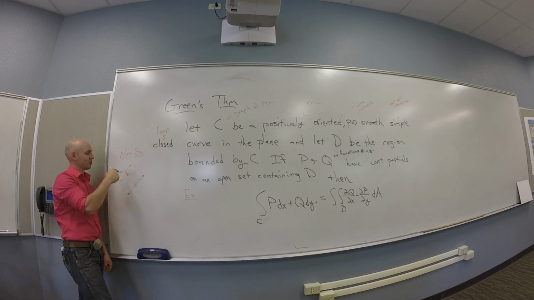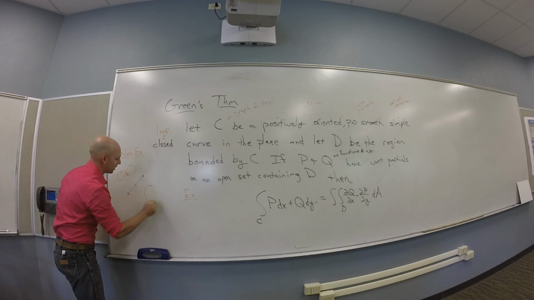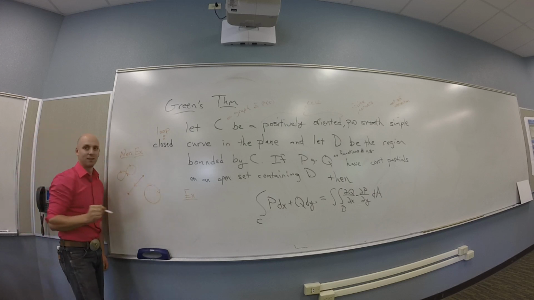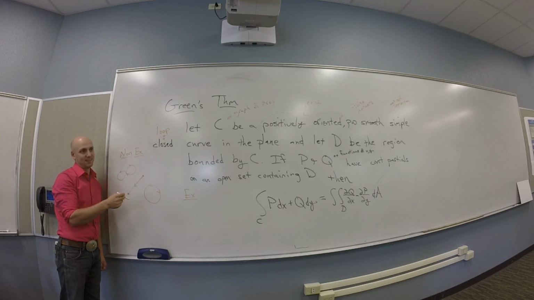You guys good with that? Okay, so this one is not simple. This one is not closed. Let's see. What if we just did this and oriented that way? Yeah, this one's negatively oriented. How could you fix that? Reverse orientation, or just flip the sign when you get to the end.